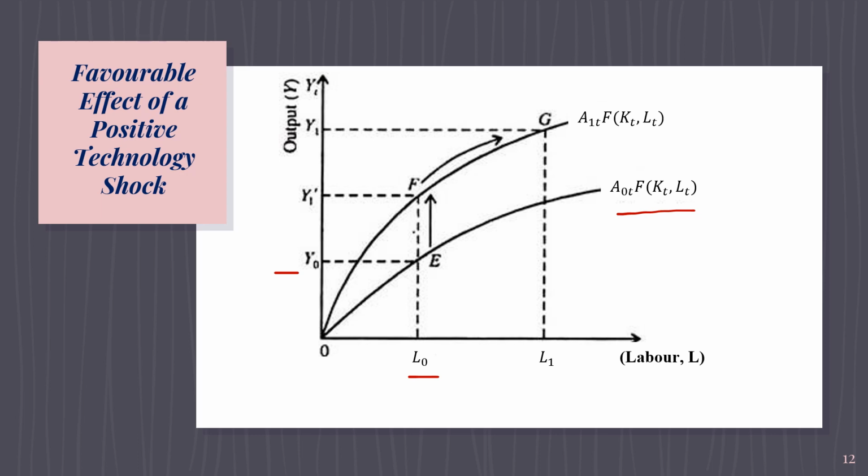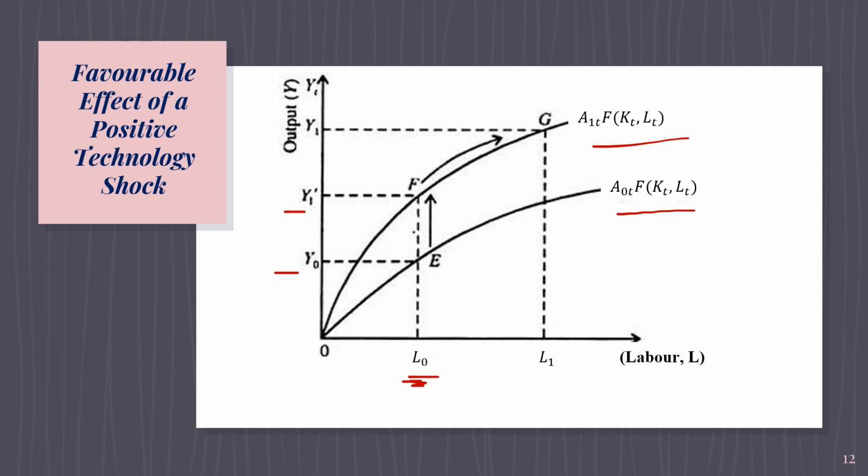Now let's assume that there is a positive technological shock in the economy. As a result of which the production function shifted upward. Now you see, as a result of the technological shock, with the same use of the labor input of L naught, the level of output has increased to Y1 dash.